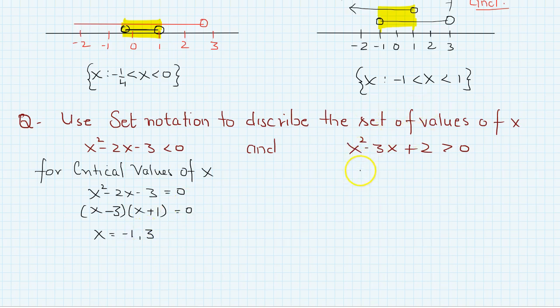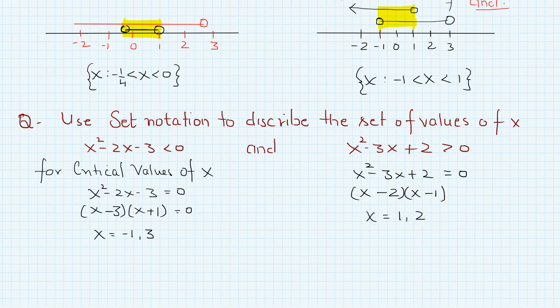For the next one we have x square minus 3x plus 2 is equal to 0. So we can take x and x. Factors of 2 are 2 times 1 is 2 and minus 2 minus 1 is minus 3. So this means x is equal to 1 and 2. So we have these factors.